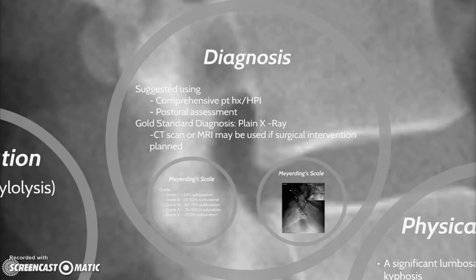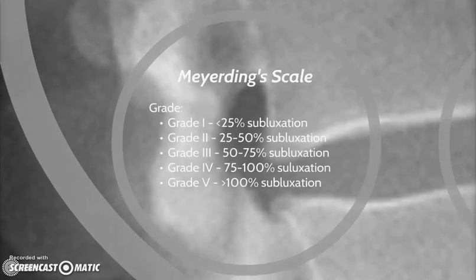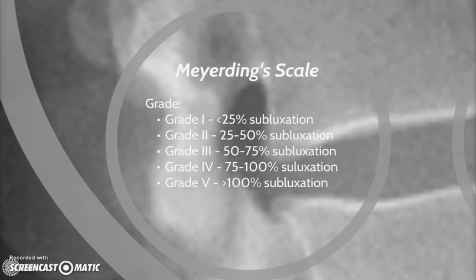Evidence of a lumbar spondylolisthesis can often be found by completing a comprehensive patient history looking for notable pain behavior, a postural assessment, and palpating the lumbar spine looking for a drop-off sign. The gold standard for medical diagnosis is currently a standard X-ray. Severity of the condition is measured on Meyerding's scale, ranging from grade 1, being the most mild, to grade 5, a complete disarticulation of the vertebral segments.